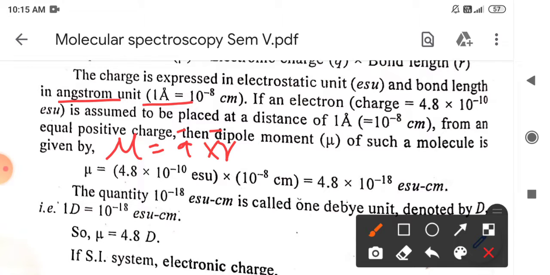If an electronic charge is considered to be 4.8 into 10 raised to minus 10 electrostatic units, which is the CGS unit, and it is placed at a distance of 1 angstrom from an equal positive charge, then the dipole moment of such a molecule is 4.8 into 10 raised to minus 10 electrostatic units into 10 raised to minus 8 centimeter, which comes out to be 4.8 into 10 raised to minus 18 electrostatic units centimeter.